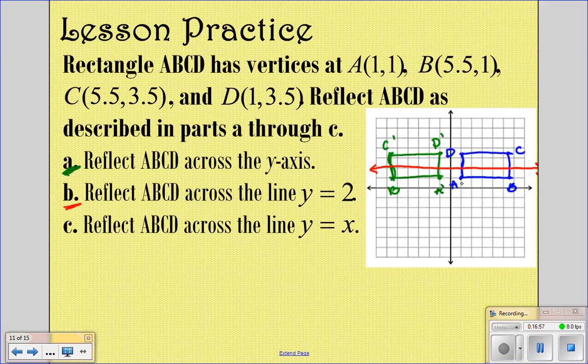So D is going to be 1.5 away. And so that would be D prime. And C is going to be 1.5 away. So this is going to be C prime here. And then B is 1 away, so it goes here. And then A is 1 away, so it goes right there for A prime. And so you connect your vertices.